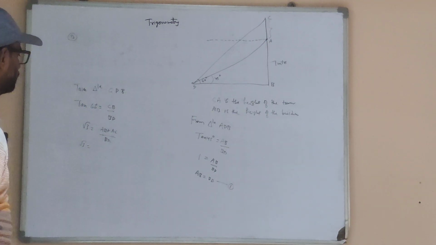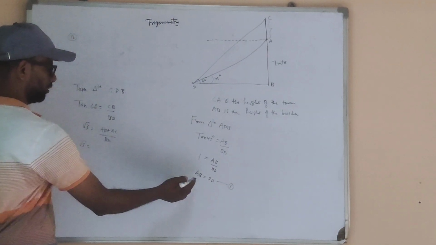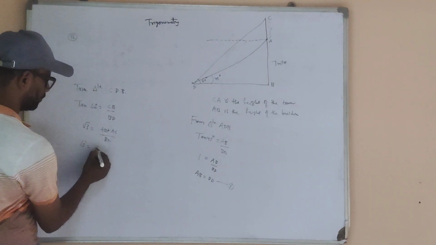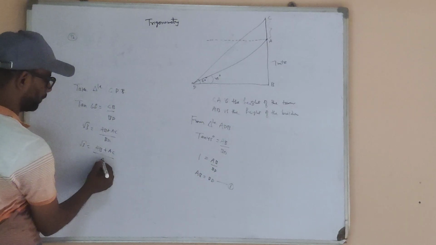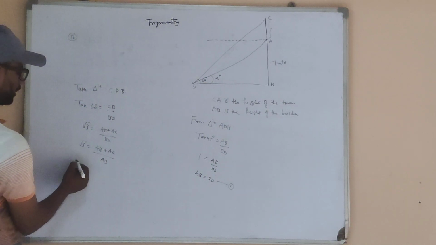Root 3 is equal to, BD means AB, so in the place of BD we can write AB. Then do cross multiplication.